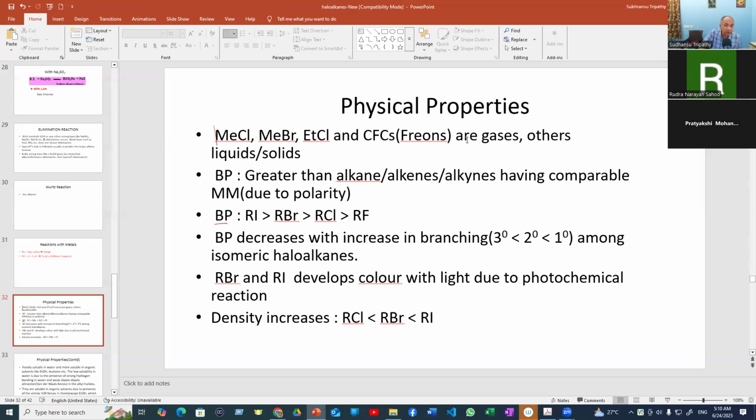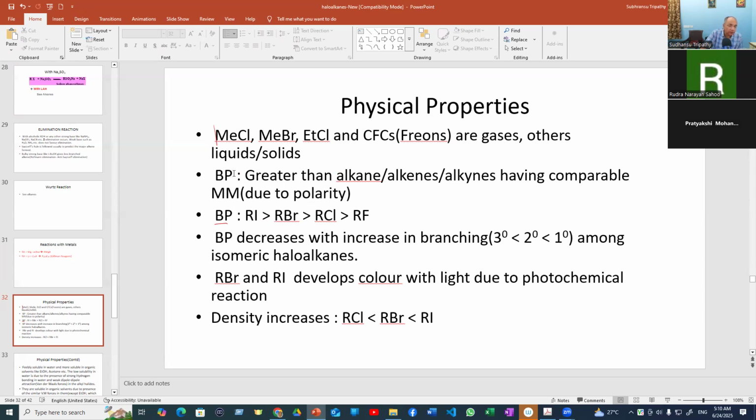In the physical properties of alkyl halides, methyl chloride, methyl bromide, ethyl chloride, and chlorofluorocarbons called freons are gases. Others are liquids and higher members are solids. Boiling point is greater than alkanes, alkenes, alkynes having comparable molecular mass due to higher dipole moment.